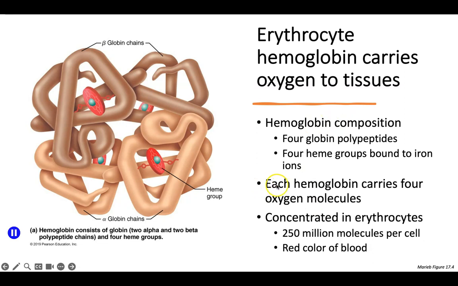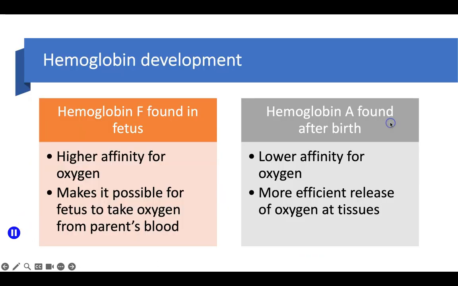That means each hemoglobin protein can actually carry 4 oxygen molecules. So each of the polypeptides within the hemoglobin can carry one of those oxygen groups. And there are about 250 million hemoglobin molecules in each erythrocyte. That's why the erythrocytes are red, and that's actually why your blood is red in color.